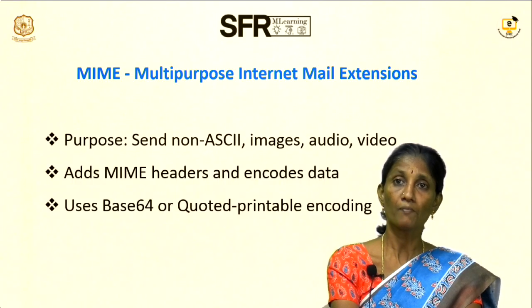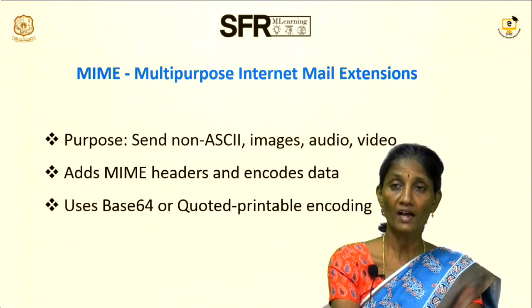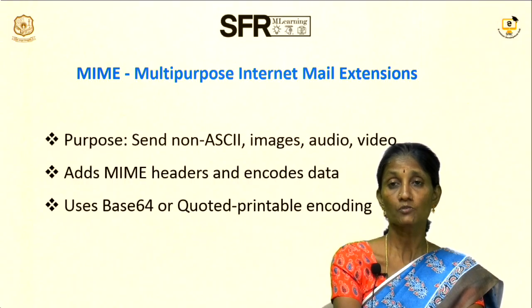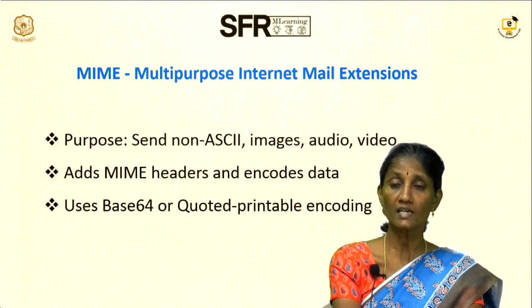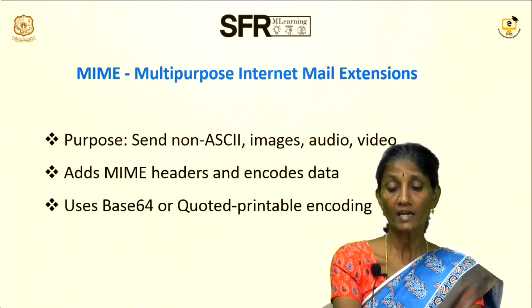The purpose of MIME is to send non-ASCII data, images, audio files and video files. It adds MIME headers to the message and encodes the data. For encoding the data, it uses base 64 and quoted printable encoding techniques.